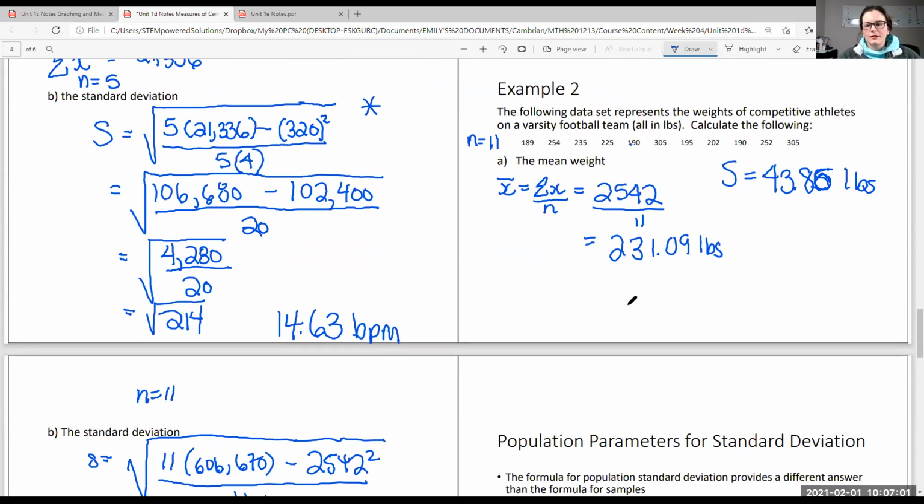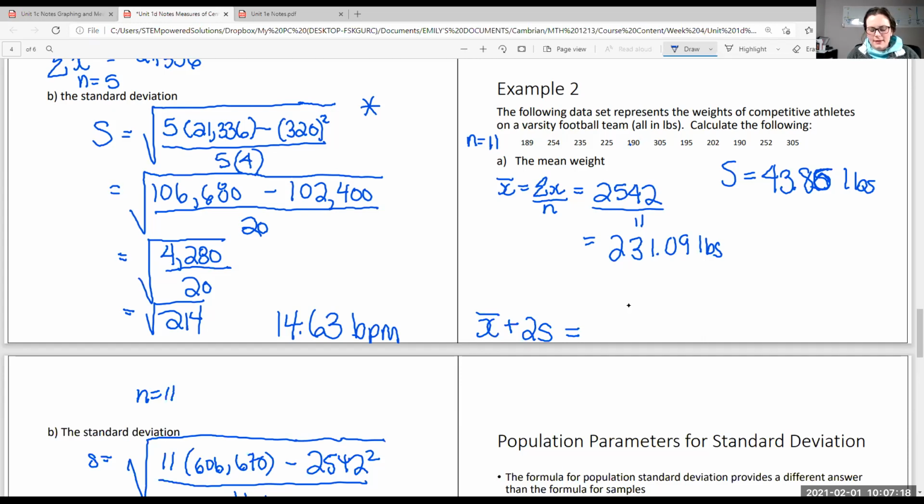So what we would do is we would say X bar plus 2 standard deviations. I'm wondering if 300 pounds is considered statistically significant with regards to the rest of the football team.